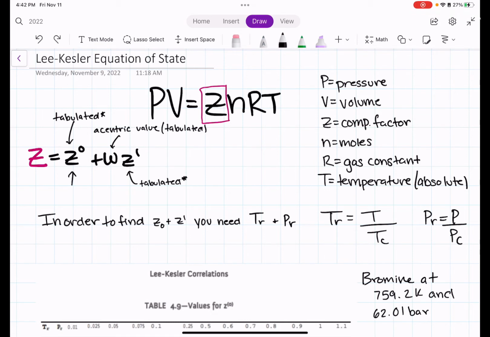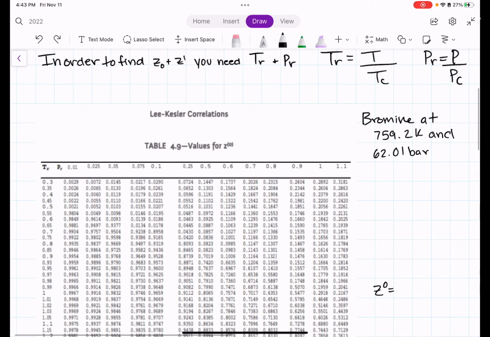So in order for you to understand how we can get Z naught and Z prime, looking through the tables in the back of your textbook, you do it this way. Let's say they give you bromine at 759.2 Kelvin and 62.01 bar.